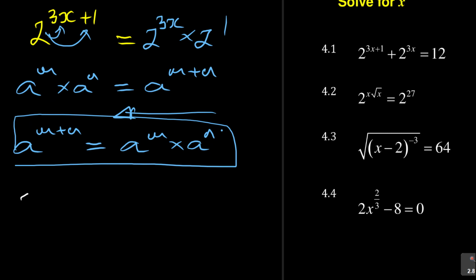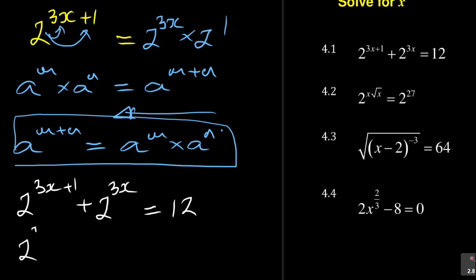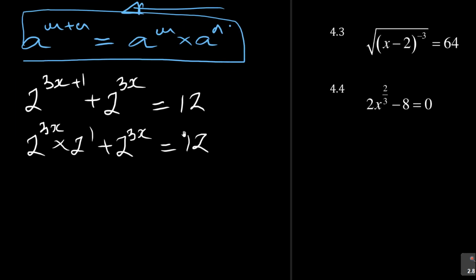If I give you 2 to the power of 3x plus 1 plus 2 to the power of 3x is equal to 12, we split that. It will become 2 to the power of 3x times 2 to the power 1 plus 2 to the power of 3x is equal to 12. That's where the whole trick was.